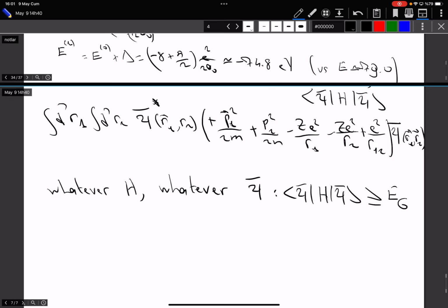You see, basically, the proof is also not that complicated. Psi bar, whatever that is, will be a sum of exact eigenstates.